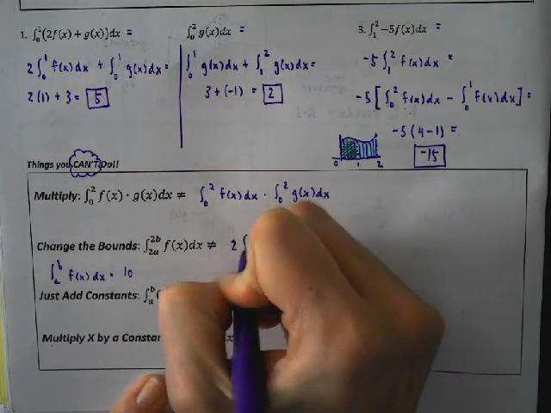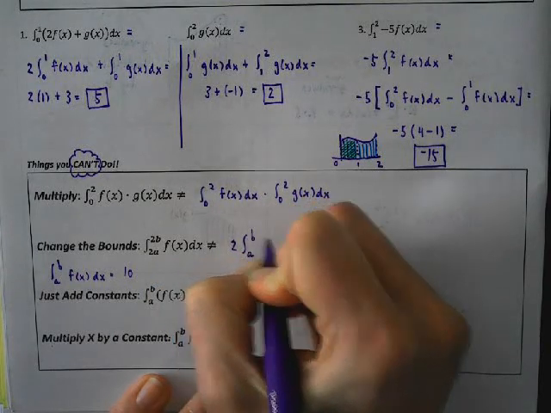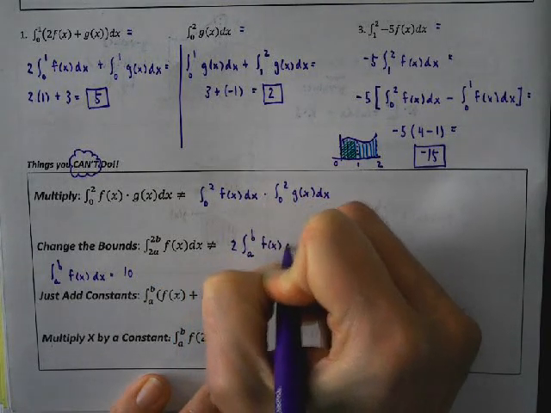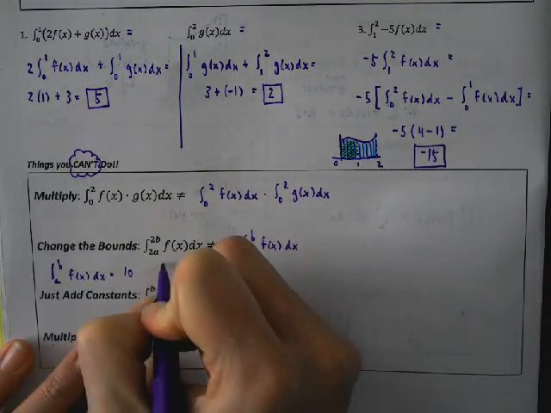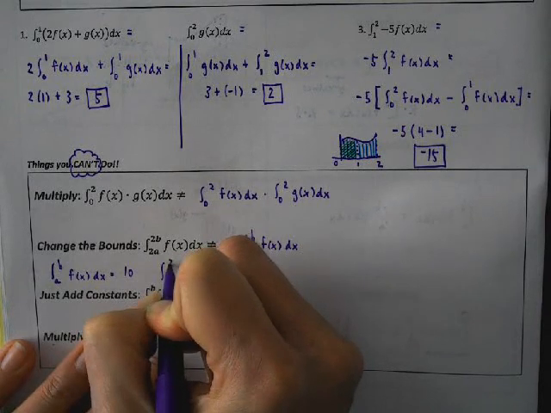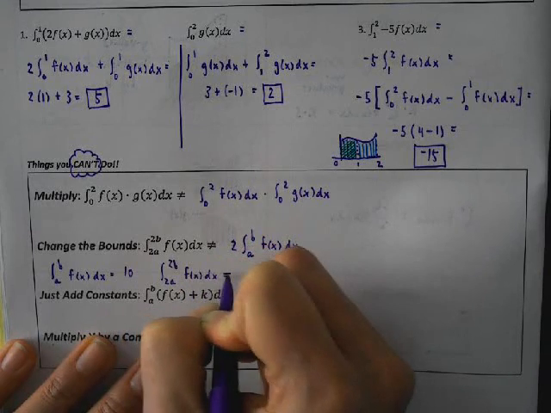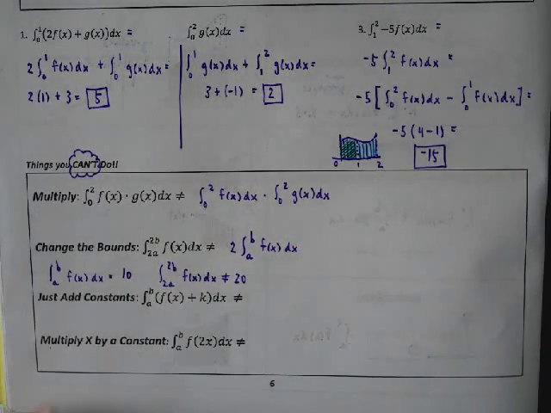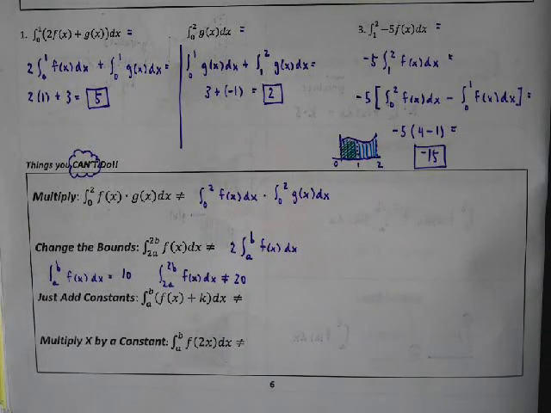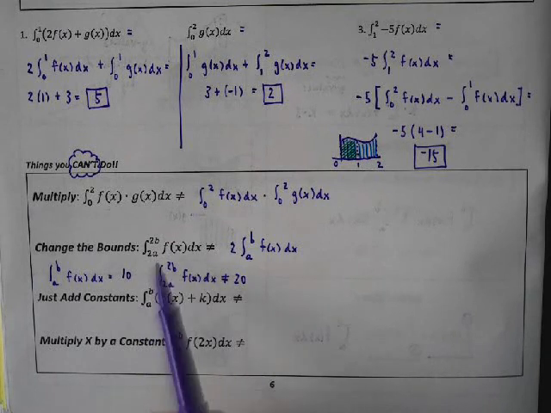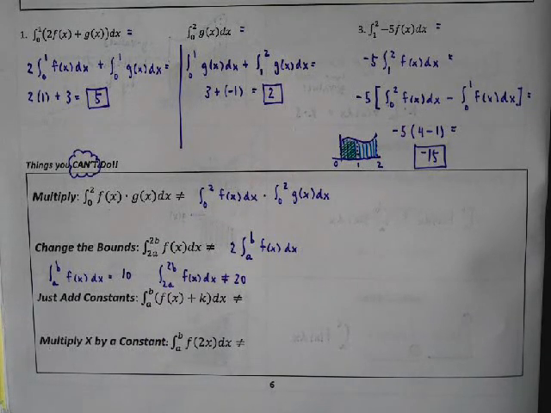This is not equal to 2 times the integral from a to b of f of x dx. So in other words, in this example, if I had the integral from 2a to 2b of f of x dx, I could not say that that's equal to 20. That's not something we can do. We don't have a property because this changes the graph. And so that area changes. We're not just multiplying it by 2.